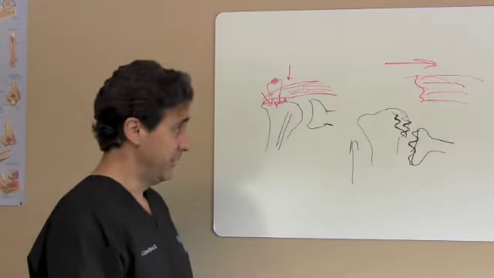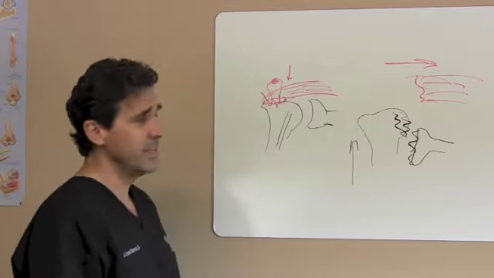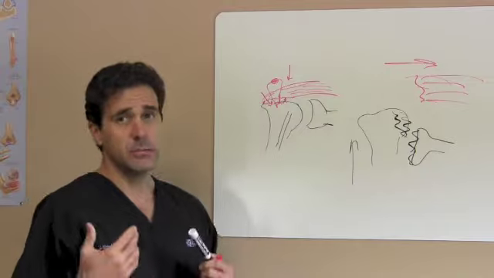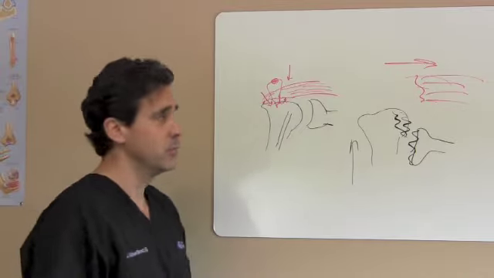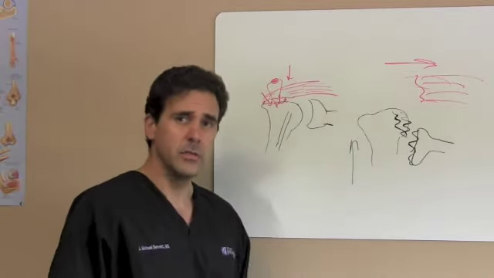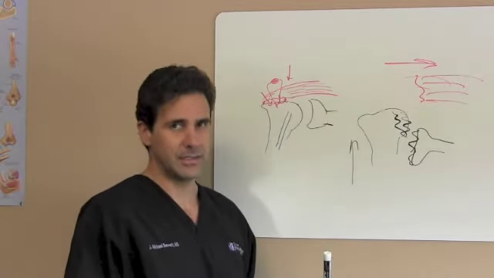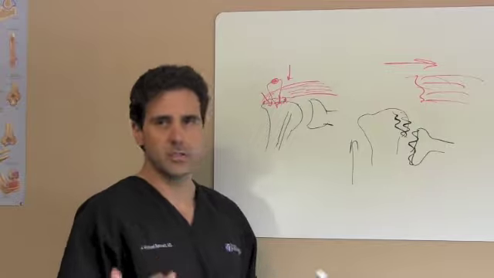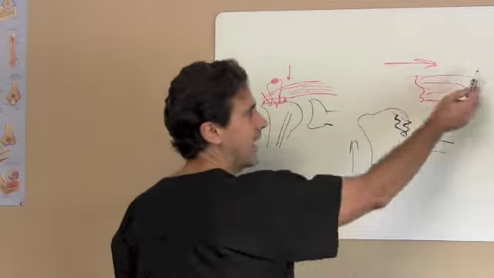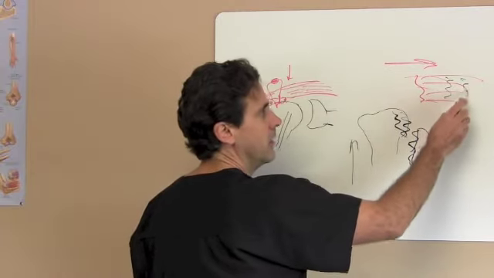Another reason to fix it early is that it's easier for the surgeon to fix it earlier. Your prognosis is better if you fix it earlier, because once this starts to retract, muscle fibers, when you're not using them, turn to fat. They actually turn to fat and scar, and if they're not being used or challenged, they're going to retract and scar up.